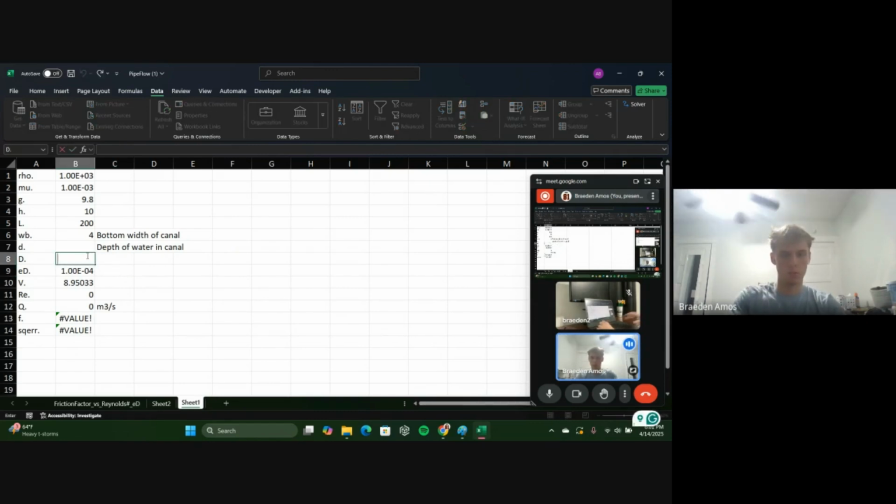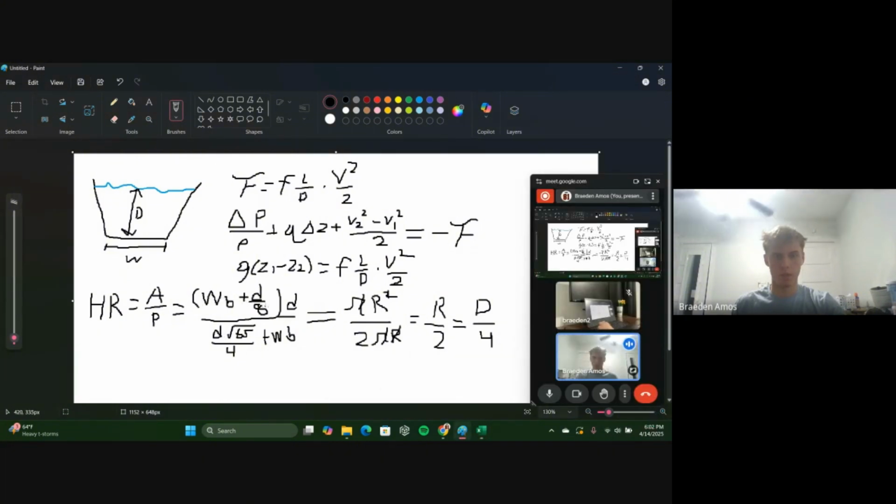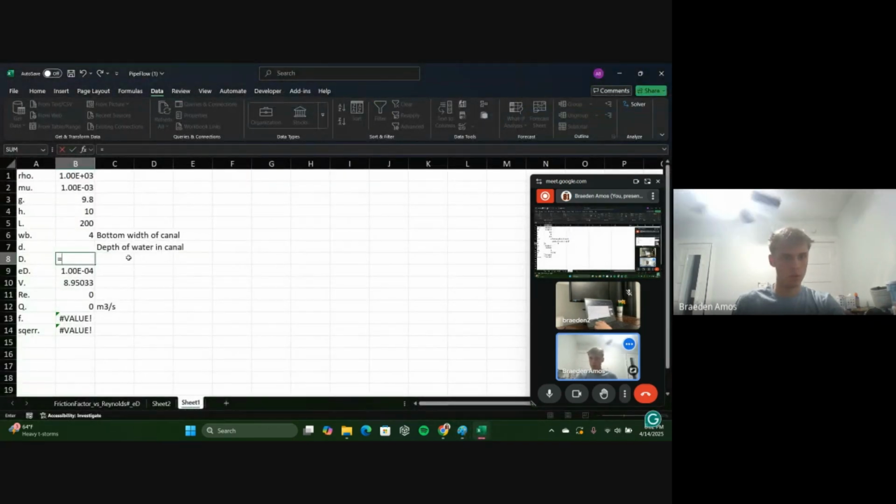This is going to be equal to the one equation we got here, this wetted base plus D over 8 equation. So we're going to do equals WB dot, and we'll name that later, plus D dot over 8.